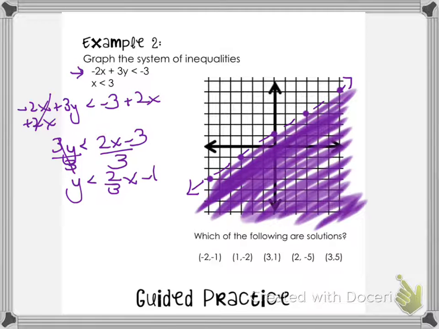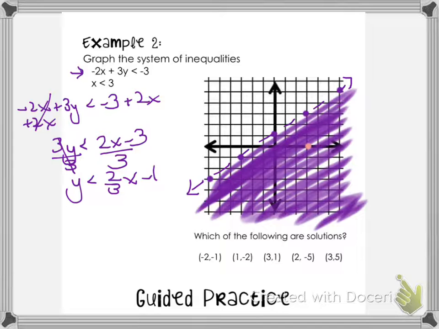All right, let's take a look at the other line. x is less than 3. If you remember, x is a vertical line at positive 3. So x is 3, to the right 3, and then it makes a vertical line at that 3.